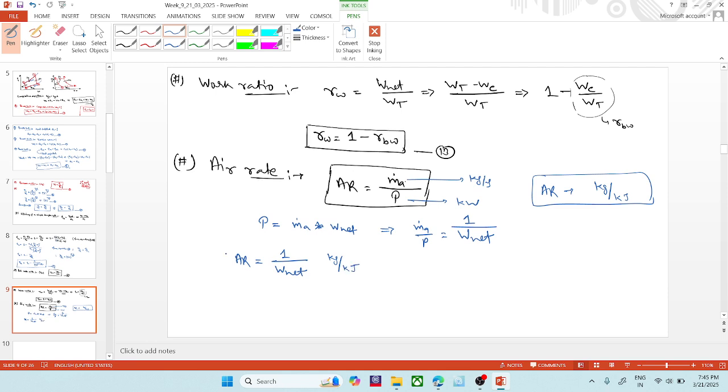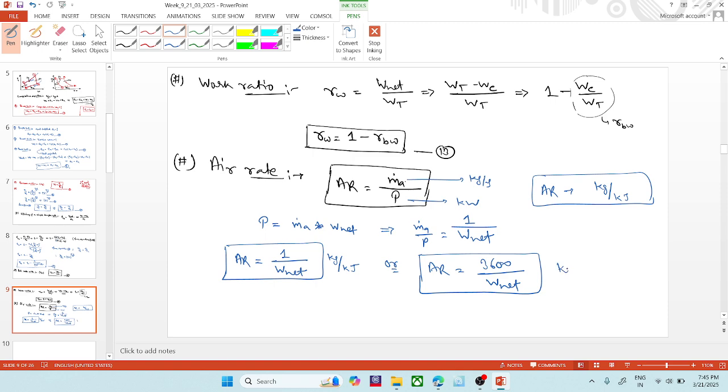kilojoule, or if we want to convert it to kg per kilowatt hour, we simply multiply by 3600. So in that case, the air ratio would be 3600 divided by W net. The unit would be kg per kilowatt hour.